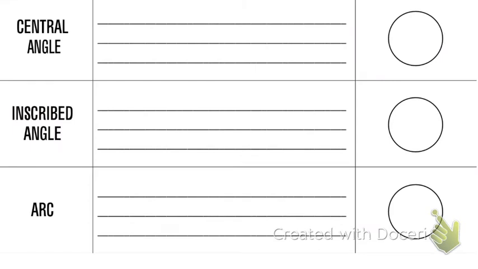Why is there a minor arc, major arc, and arc? So, central angles. Now we're going to talk about different angles and arcs. Central angle gives you the idea it's going to be located where? Probably somewhere with the center. So it's an angle with a vertex at the center and two sides that are radii.